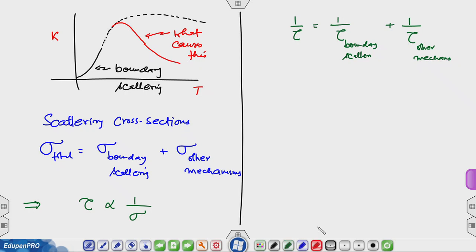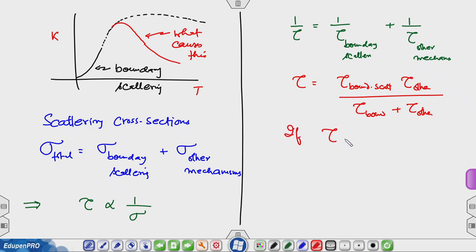And therefore, tau is equal to tau boundary scattering times tau other mechanisms divided by tau boundary scattering plus tau other. So, if tau boundary is much greater than tau other, effectively the scattering time will be equal to tau other, and that mechanism will start dominating.